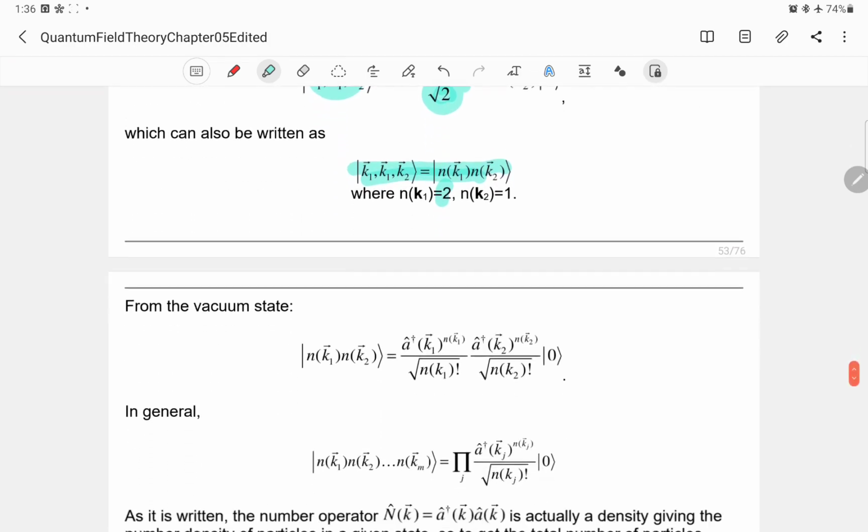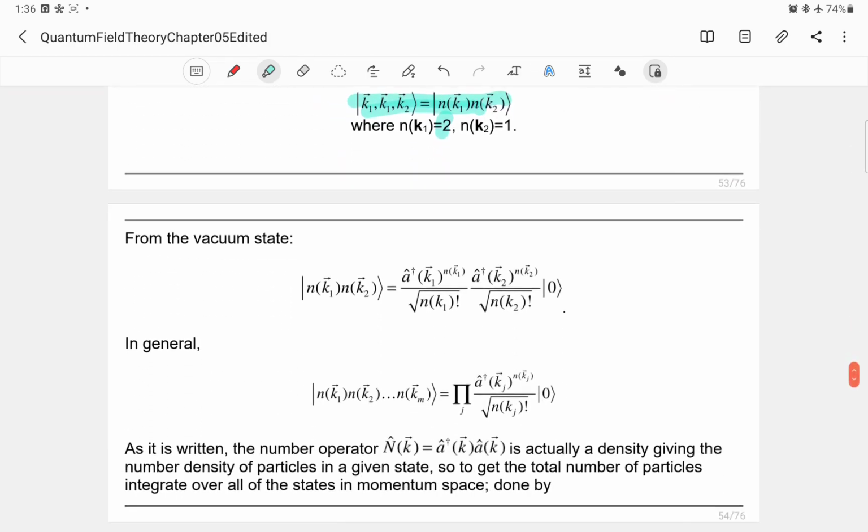So in general, from the vacuum state, if you have two momentum, but however many particle system state, but there are only two momentum in that state, then you will have this one.